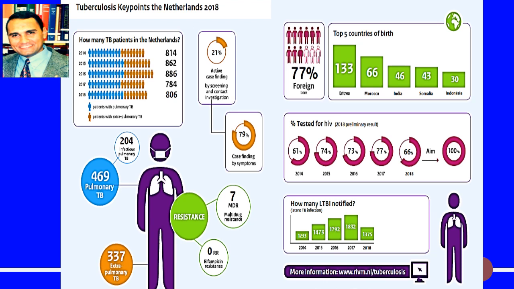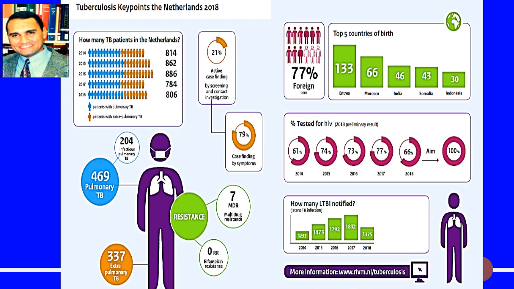1,832 persons infected. So the analysis of this chart shows that the highest number of tuberculosis cases in the Netherlands was in the year 2016. The most common is pulmonary tuberculosis, and most persons were detected not by diagnostic screening but by symptoms.